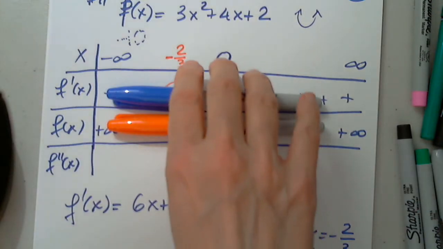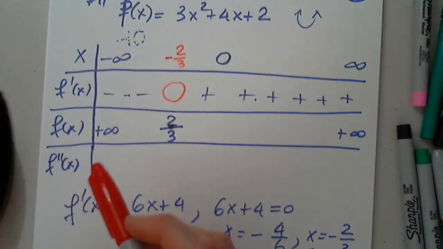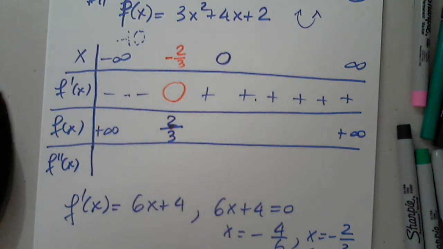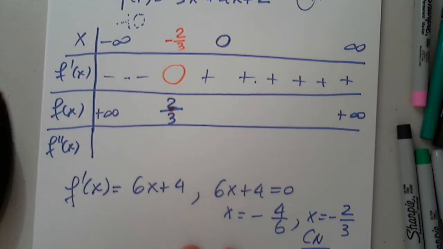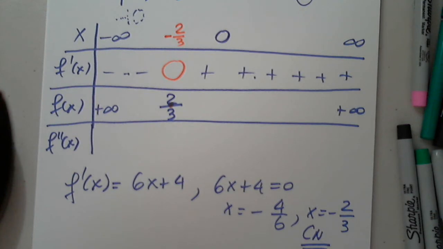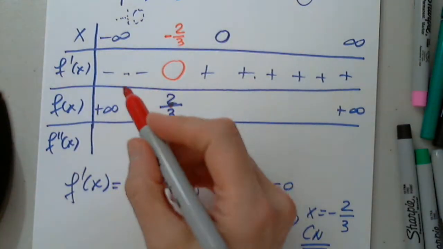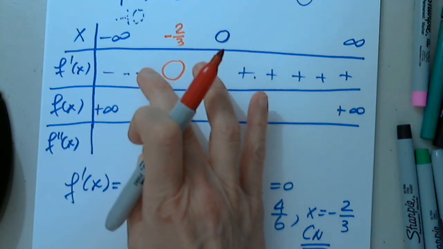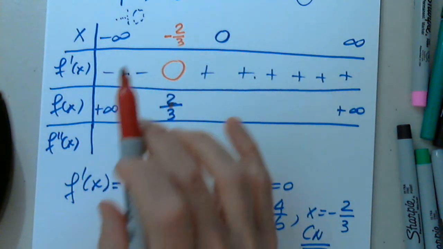Now, I need to make sure that these two rows work well together. Do they? I don't know. Let's give it a shot. From positive infinity to 2/3, what does the function do? It's negative. It goes down. Very good. The derivative is negative, or it has a negative slope. Exactly.